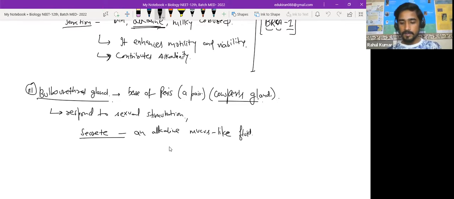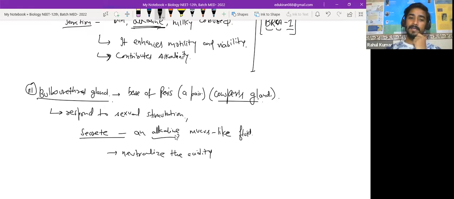So write down: this helps to neutralize the acidity. The alkaline part's function is to neutralize the acidity in the urethra, and also in the female tract, because the secretion will also be a part of semen, right?